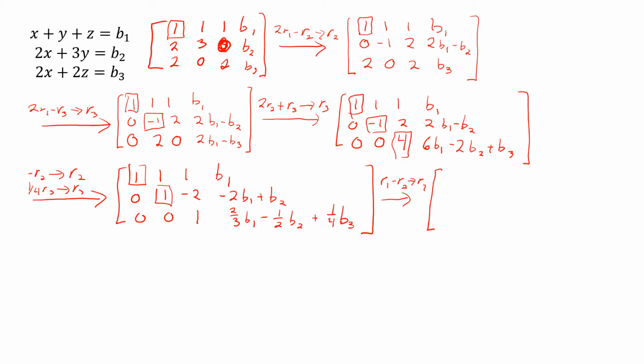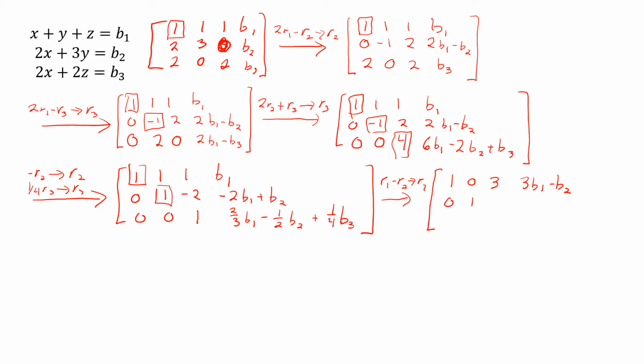And we get 1, 0, 3. And let's see, row 1 minus row 2 is b1 plus, oops, sorry, that's going to be b1 plus 2b1. So it becomes 3b1 minus b2.